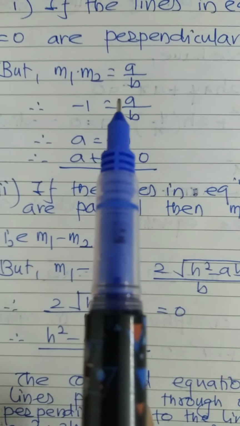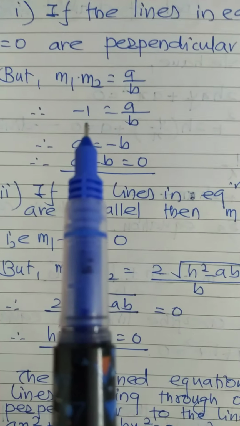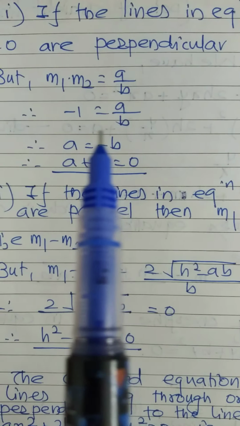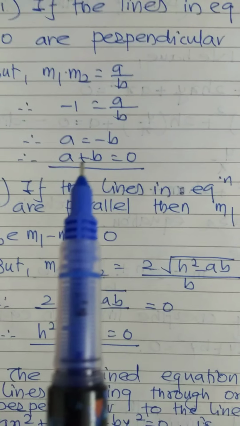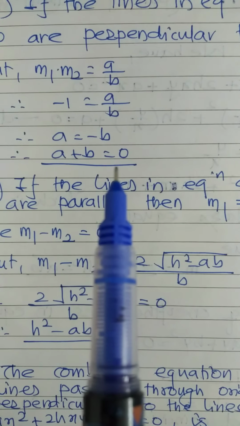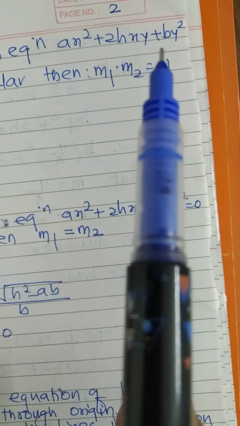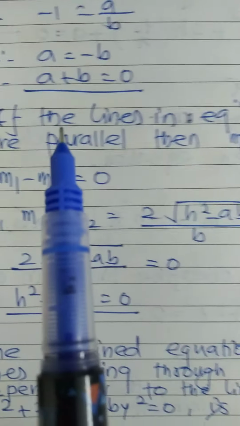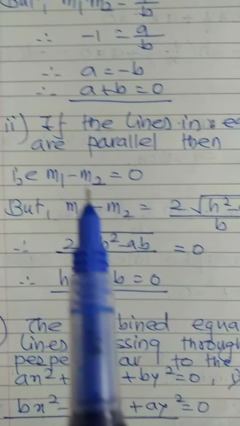You have already calculated that the product of slopes is a upon b. So put the value, m1 m2 is minus 1, so a upon b equals minus 1. If we transfer that b to the right, it is minus b, that means a equals to minus b. Transfer to the left, so a plus b equals to 0. Here a is the coefficient of x square and b is the coefficient of y square. So a plus b equals to 0 is the condition for perpendicular lines.